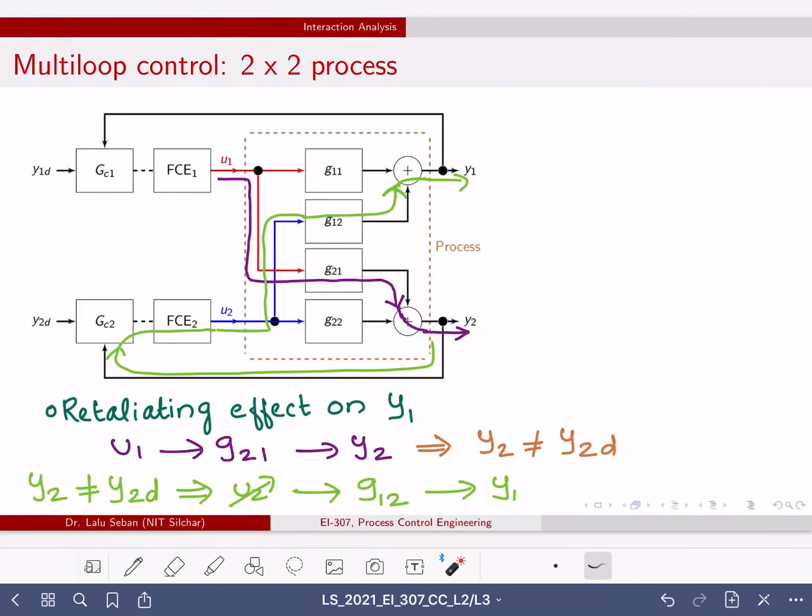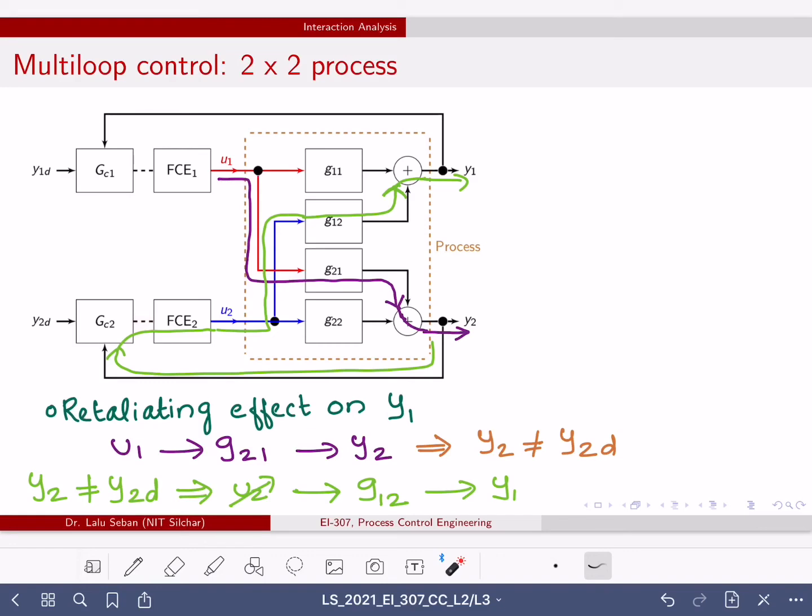As I had told, y2 will change because of the change in u1. Now what will happen? At this moment, when y2 changes, its value will be different from y2 desired. When y2 is not equal to y2 desired, the controller is acting depending upon the difference between y2 desired and y2, so the controller output will change.